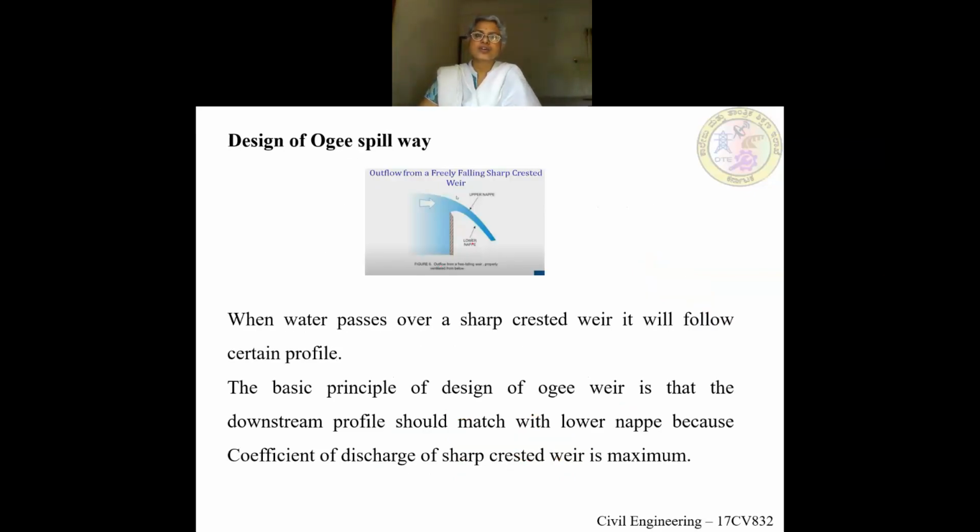This is the outflow from a freely falling sharp crested weir. If the Ogee weir has this shape, it will have the maximum coefficient of discharge CD. The basic principle of Ogee weir design is that the downstream profile should match the lower nappe, because the coefficient of discharge of the sharp crested weir is maximum.